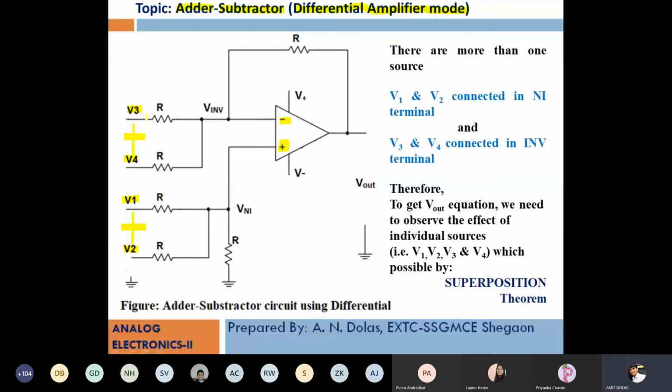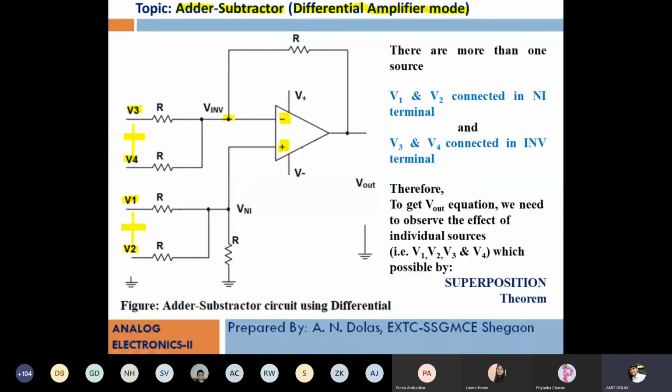And we are using the minus terminal and plus terminal, that is the inverting terminal and non-inverting terminal, together. That's why it is called difference mode or differential mode. So we will analyze this circuit. There is more than one source.